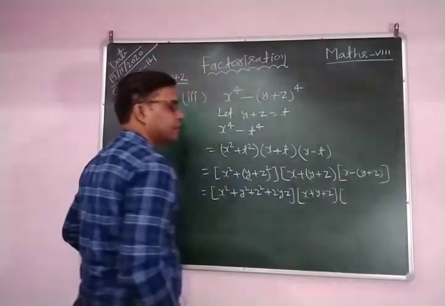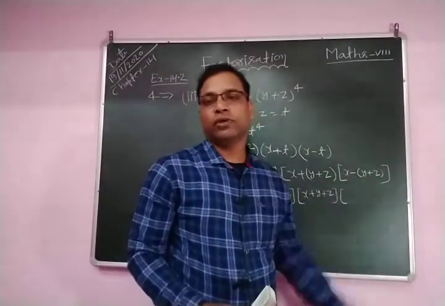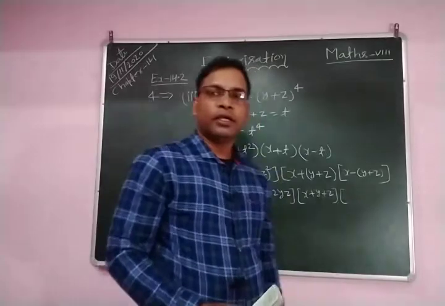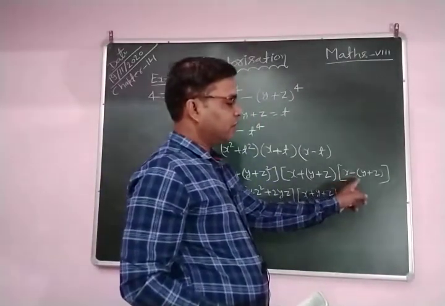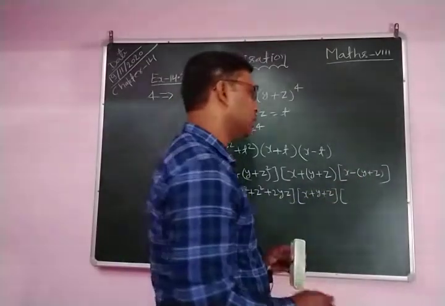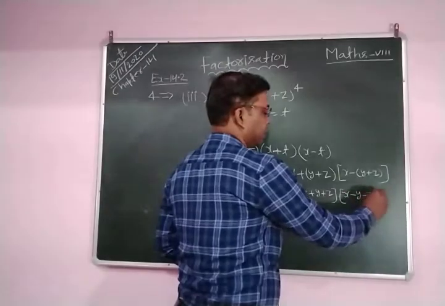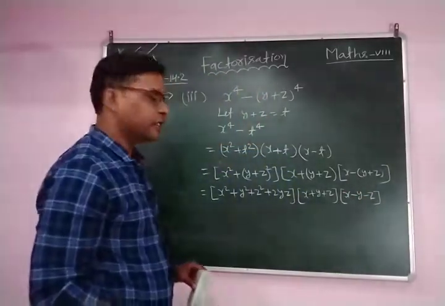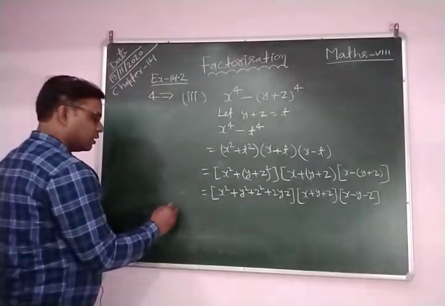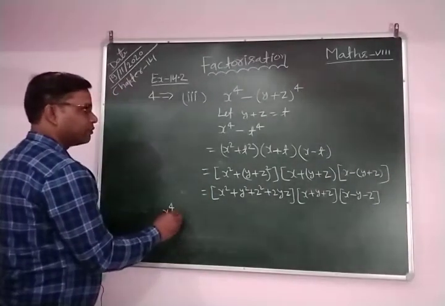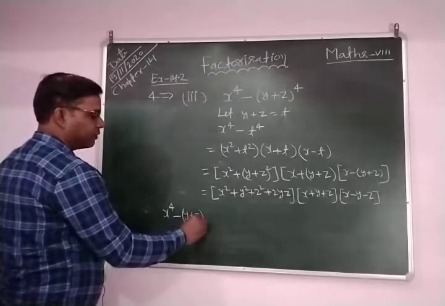Here if you open the bracket, you can write it x plus y plus z. In the third bracket, when you open it, y becomes minus and z also becomes minus. Because this is minus, it affects this plus and this plus. So it becomes x minus y minus z. Clear? So you can see here we find the factors of x power 4 minus y plus z power 4.